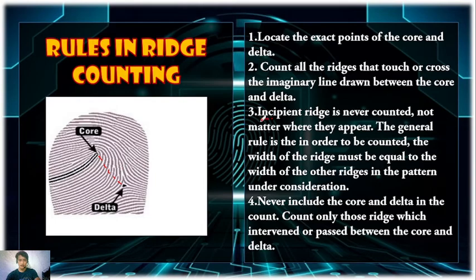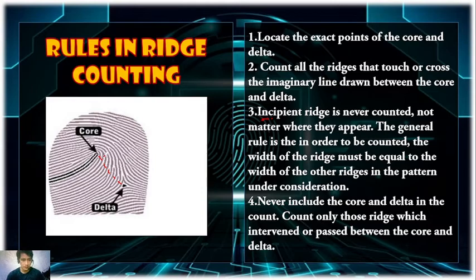With that, they are not included in ridge counting, so don't include them in our count. But in our illustration, we don't see any incipient ridges because they all have the same thickness. Also, never include the core and the delta in the count. Only those in between are counted.